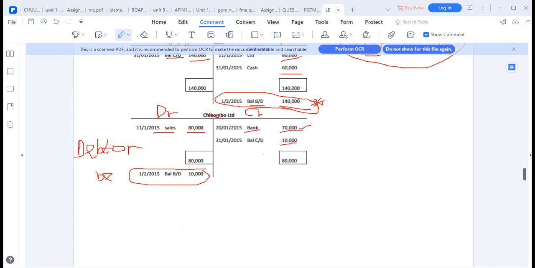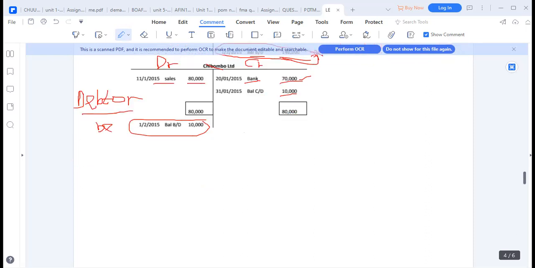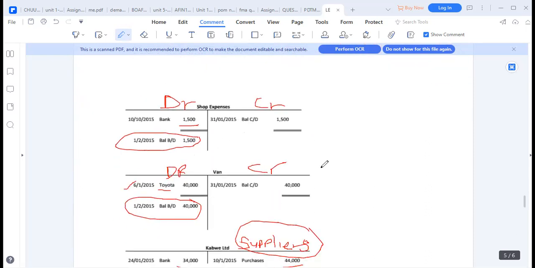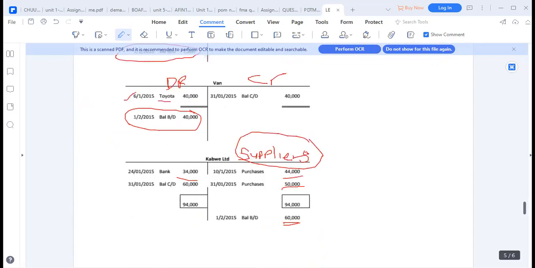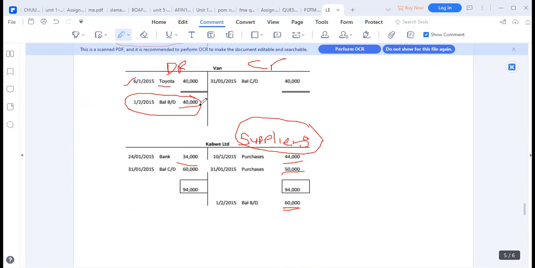This is our customer or our debtor because we sold on credit. Then we get down to shop expenses, 1,500. It's an expense, should have a debit balance. Then van was 40,000 on the debit, so we're putting them the way they are. Kawe was about suppliers, supposed to have the credit balance.